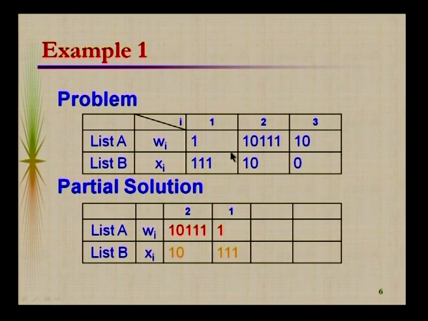In list A the second string is 1 0 1 1, and in list B the second string is 1 0. In list A the third string is 1 0, and in list B the third string is 0. So in this case, looking at the corresponding pair 1, we find that there is a prefix match, because 1 and the same 1 is here, but we have more symbols.